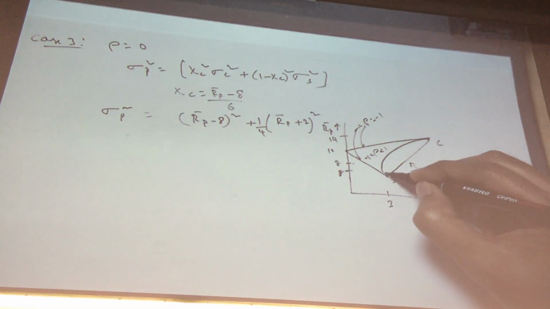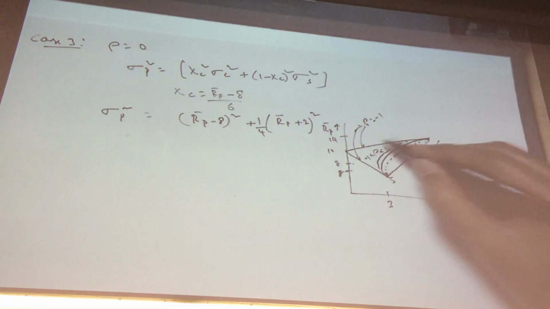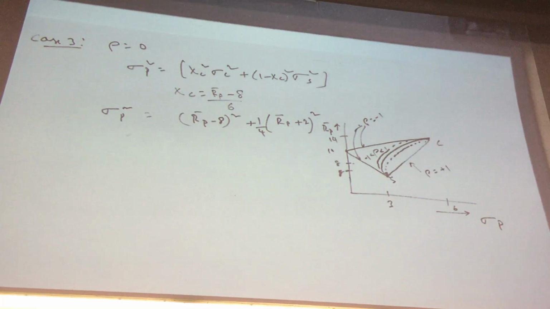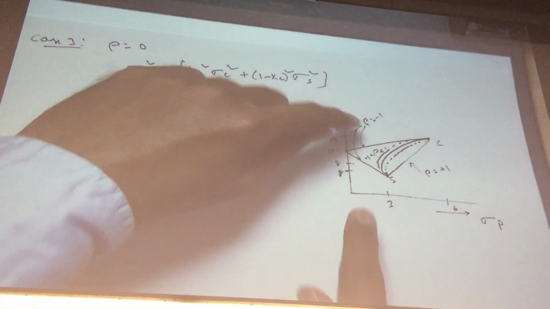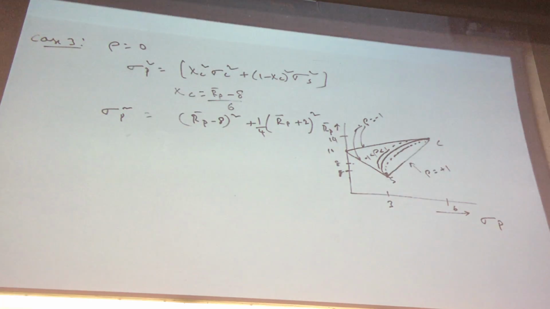So you can imagine there are so many graphs, depending on the rho value. But you know that these values should not cross the boundaries set by rho equals -1 and rho equals +1.